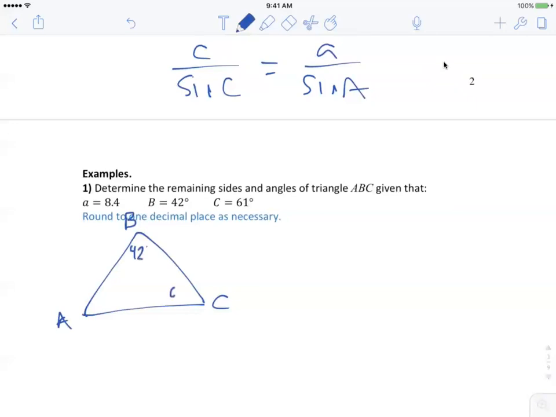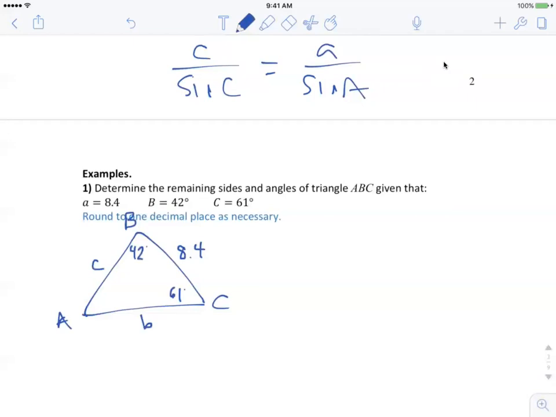And this angle down here is 61. And then where is A? Well, if this is angle A over here, here's side A over there. And then if that's B up top, this is little b, and that's little c. So we're trying to find big A, little b, little c.